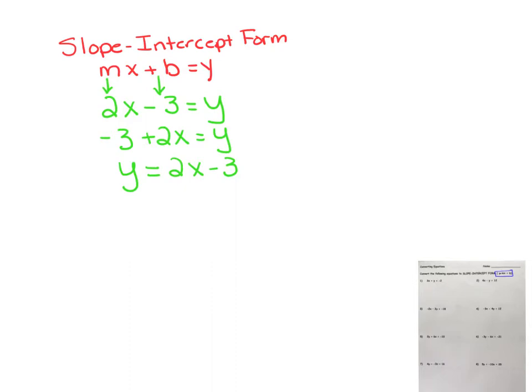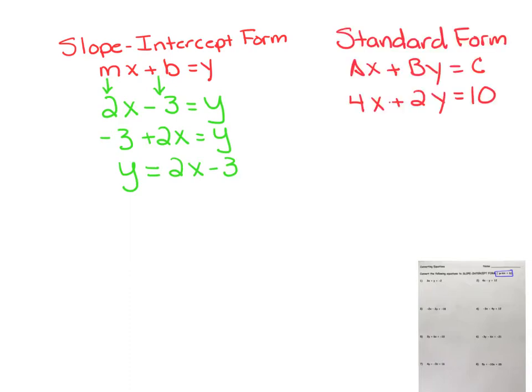However, there is another form that we have to be aware of. This form is called standard form, and it's a little bit different than slope-intercept form. In slope-intercept form, we can see that our y variable is isolated on one side of the equation.